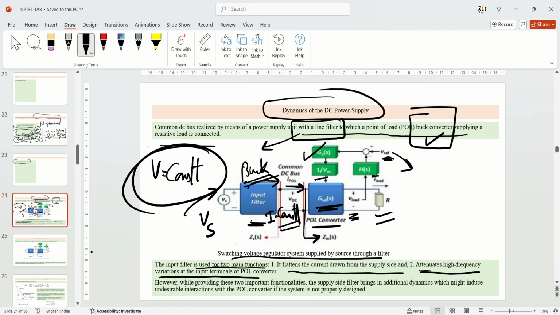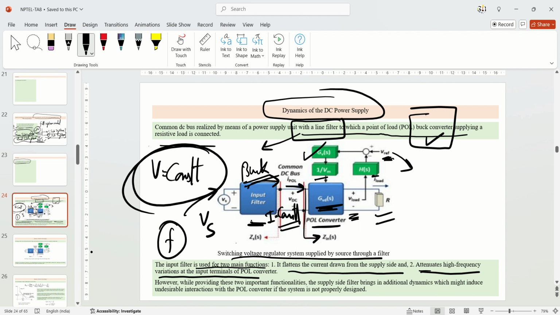The input filter, an LC filter, is there, so you want to reduce the high frequency component coming from the supply. So it has two functions: one is flattening the current drawn from the supply, and the second is attenuating the high frequency variation at the input terminal of the POL converter.